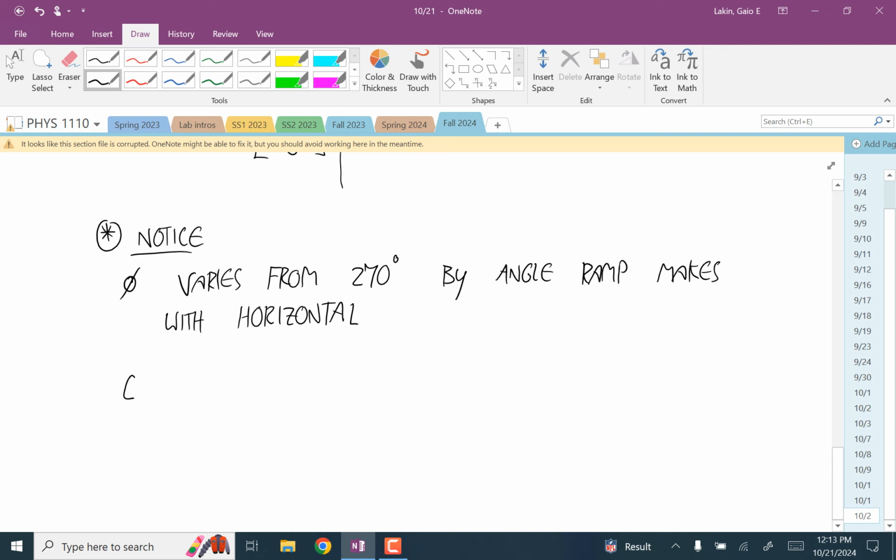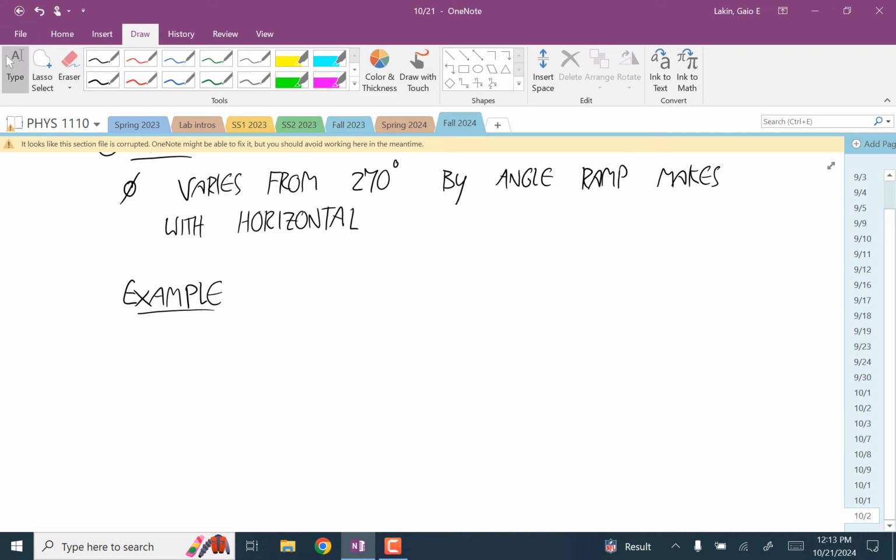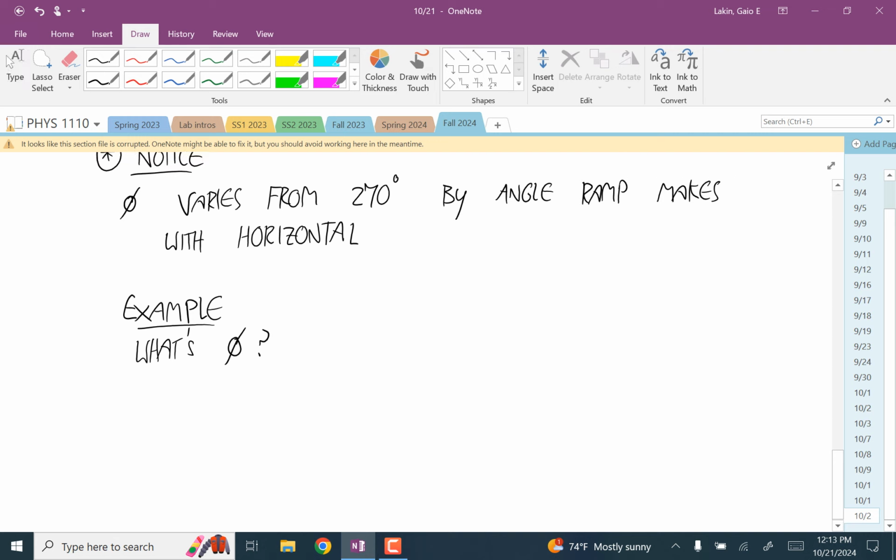Okay, so let me show you how this works. What's this angle phi that we're going to use with the cosine and sine for the weight forces?